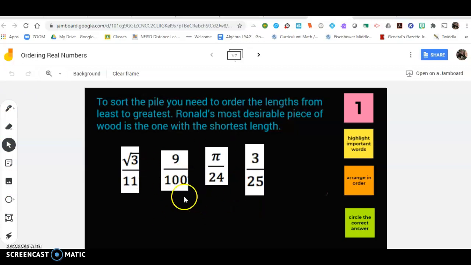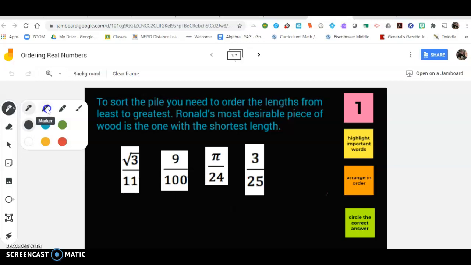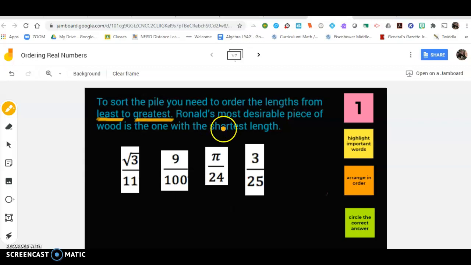If I want to pick a highlighter, I can get my highlighter and switch the colors. Important words that I might want to highlight are least to greatest. And once I have them in order from least to greatest, the question wants the piece that is the shortest.